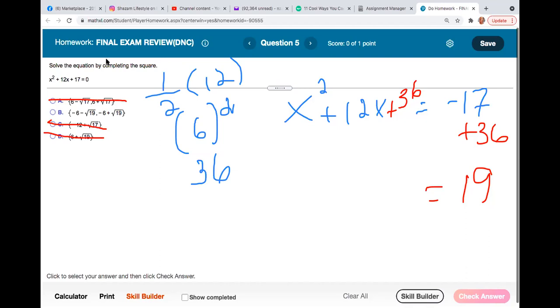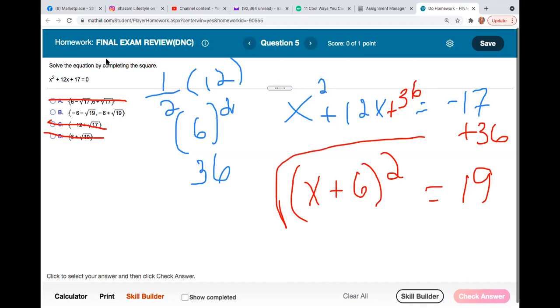But the question I know you guys are asking is, well, how do we get the answer? Okay, so here's how we get it. Negative 17 plus 36 is 19. On the left side, we're going to factor that perfect square trinomial into a binomial squared. You take an x from the x squared, take half of 12, half of the b term. There's your binomial square.